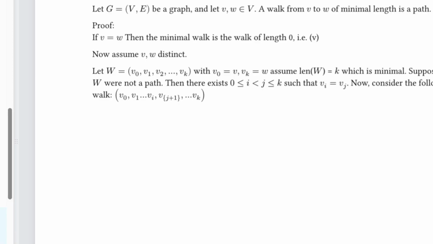And this walk does not contain the duplicate Vj. As in, it does contain Vj because it's the same as Vi, but it doesn't contain it the second time.